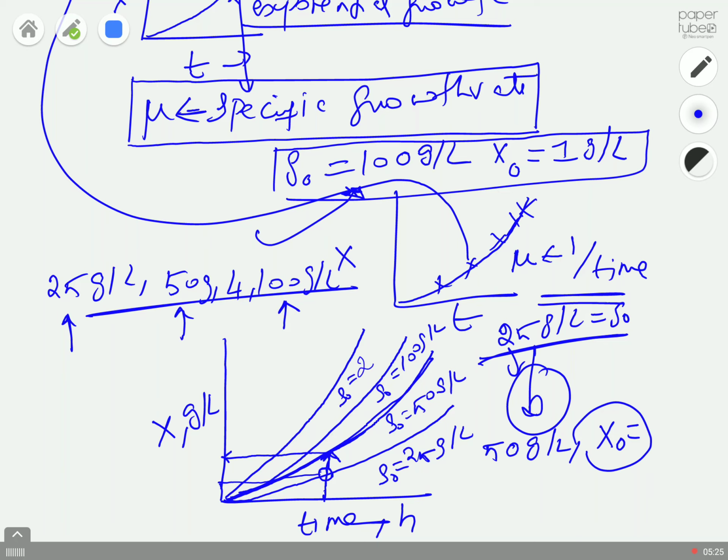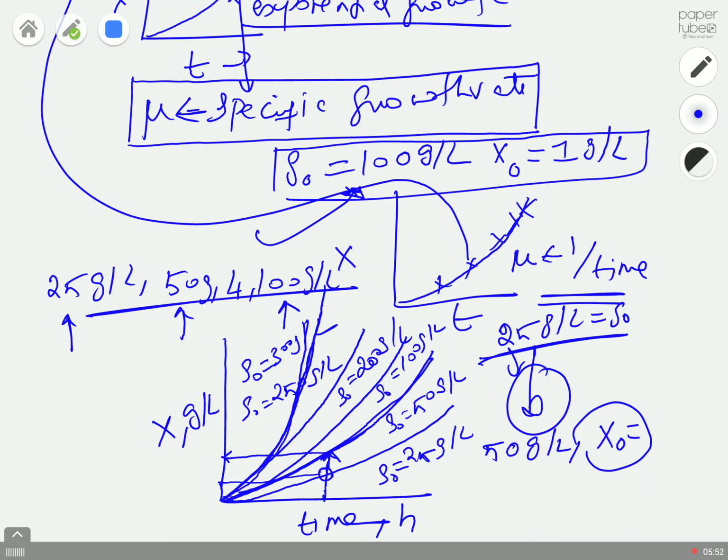Here 200 grams per liter, and then S0 is equal to 250 grams per liter, and after some stage it becomes constant. It won't increase by a lot. So imagine you put S0 at 300 grams per liter, compared to when you start the experiment with 200 grams per liter.